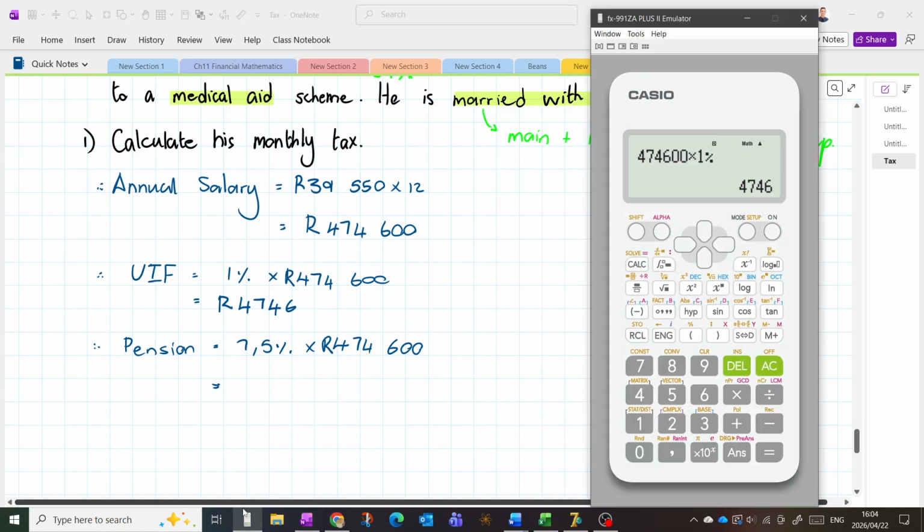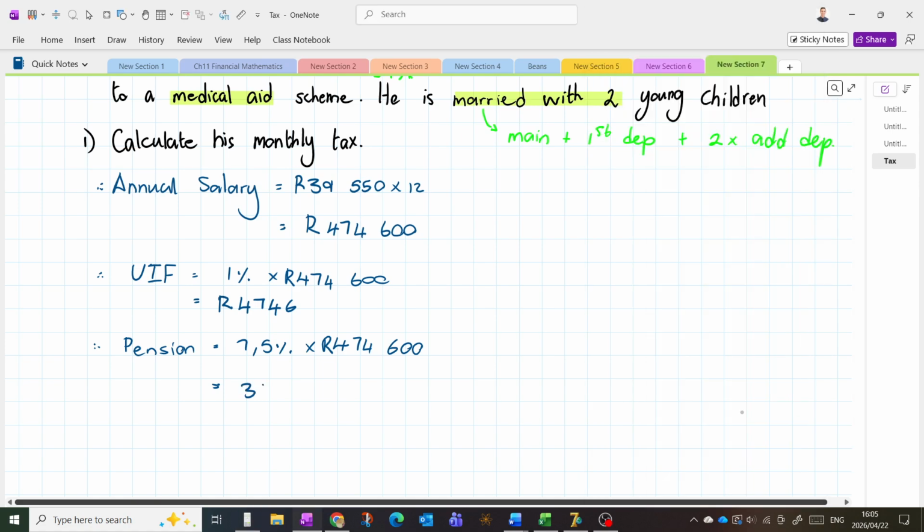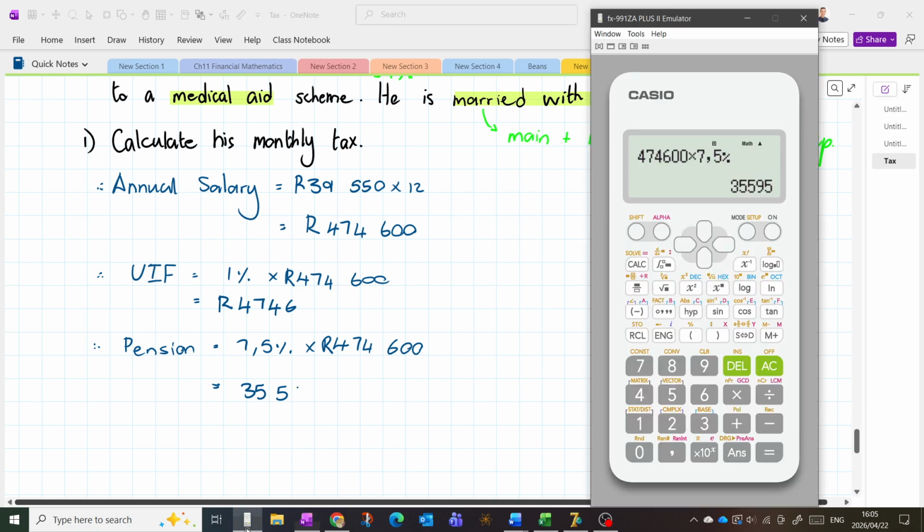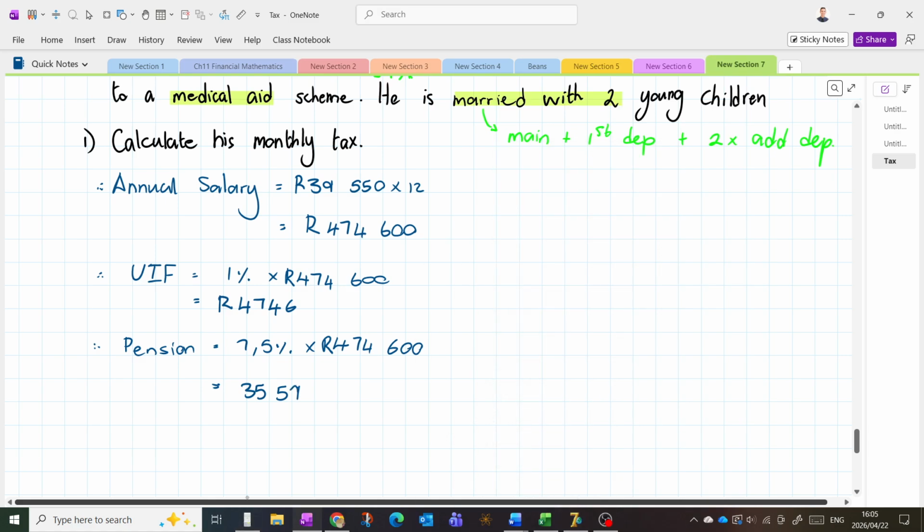And we also want to see what 7.5% is. 35,595 Rand, sorry. Okay, so there's his pension contribution.